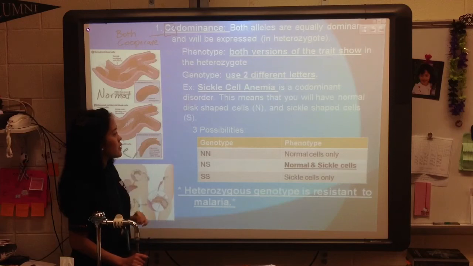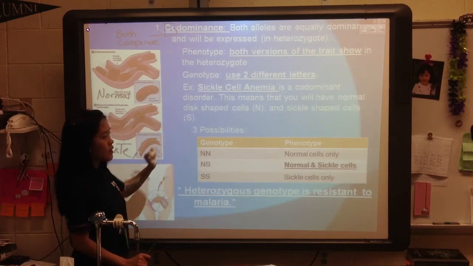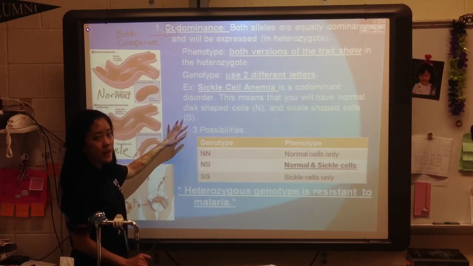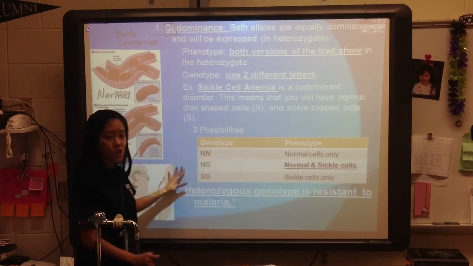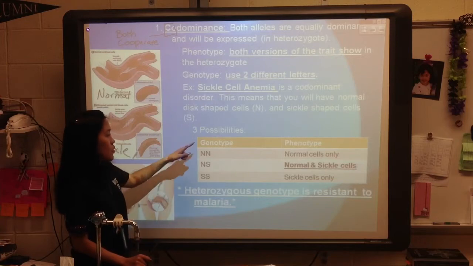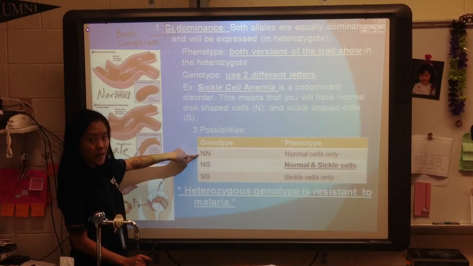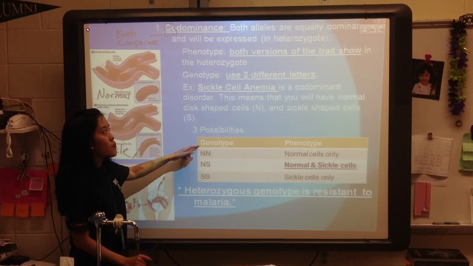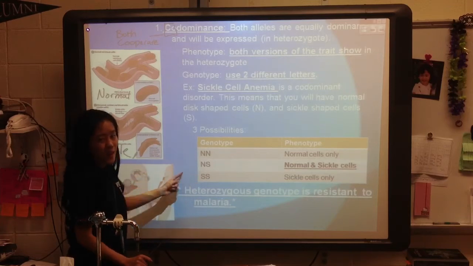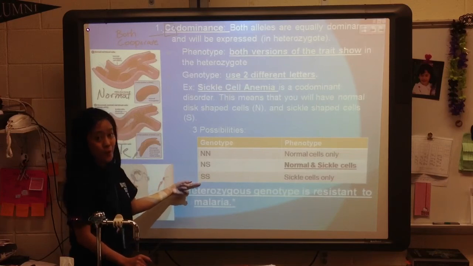Our example, sickle cell anemia, is a co-dominant disorder. This means that you'll have normal disc-shaped cells, an N, and sickle-shaped cells, an S. Three possibilities; you do need to fill in this chart. This chart will help you work out your assignments. We have three genotypes. We have homozygous NN, and we also have homozygous SS. Since they are both dominant, we really wouldn't need to say homozygous dominant and homozygous dominant, because they're both homozygous dominant.